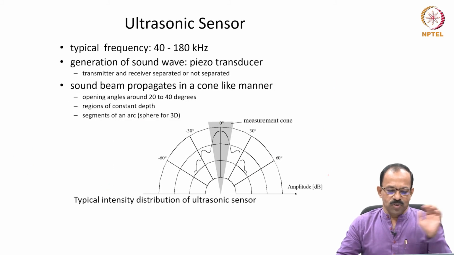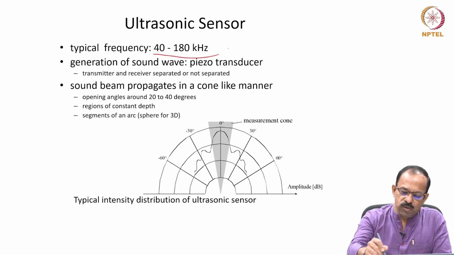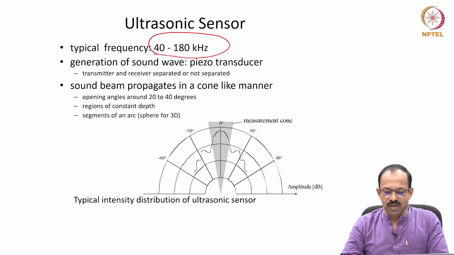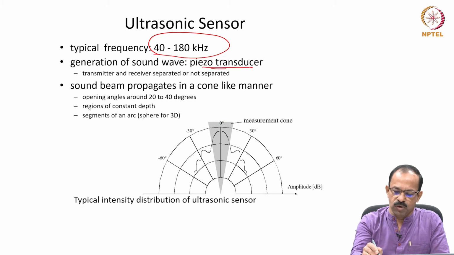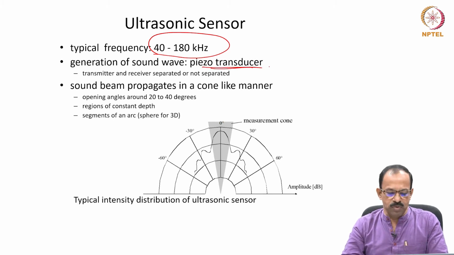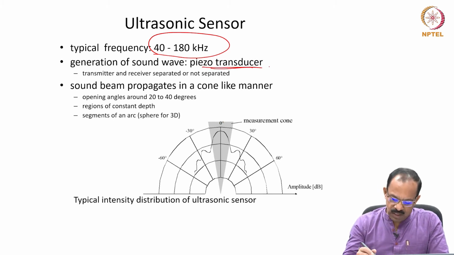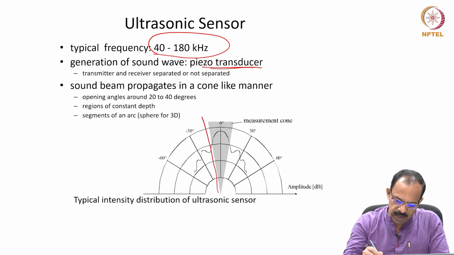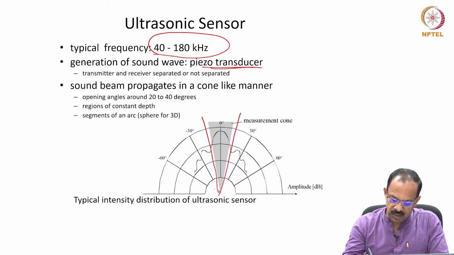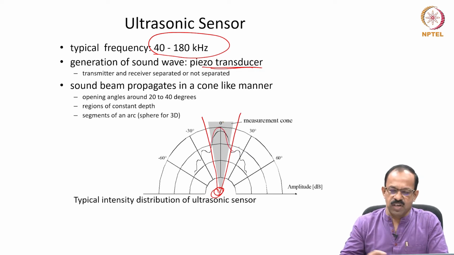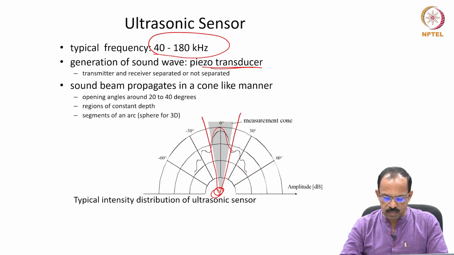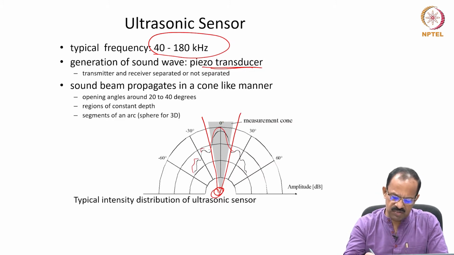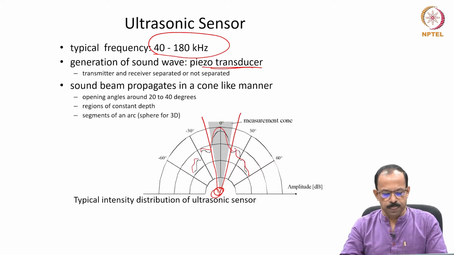Okay. So, typical frequencies are around 40 to 180 kilohertz in this case. A piezo transducer will be used for generating the sound wave, and normally the sound will be traveling in a cone like fashion. If the transmitter is here, it will be moving in this direction, and it has the highest amplitude in this cone. Of course, there will be signals at other angles also.